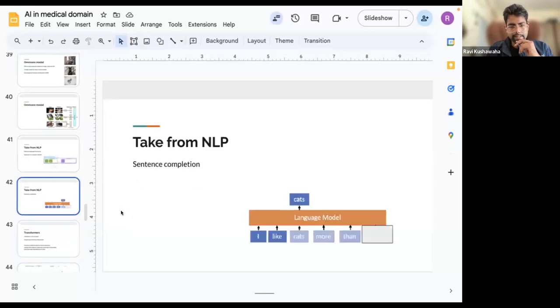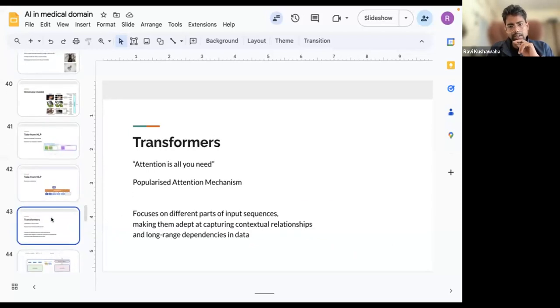Like in this example, as I have told earlier, the model has figured out that the last word needs to be a noun first, and then it needs to be an animal name. So that the model has learned. Thanks to transformers, this has been possible.